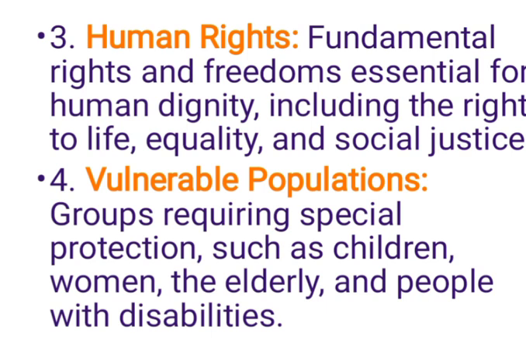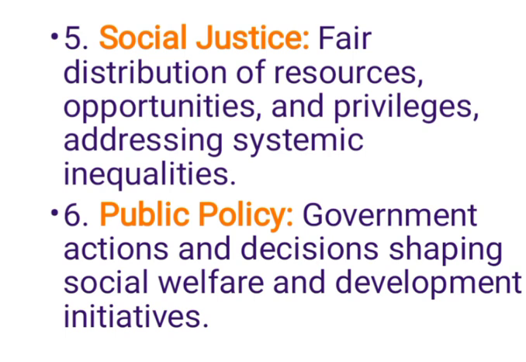Then, when we talk about vulnerable populations, we are talking about groups requiring special protection, such as children, women, elderly, and people with disabilities. And social justice means fair distribution of resources, opportunities, and privileges, addressing systemic inequalities.